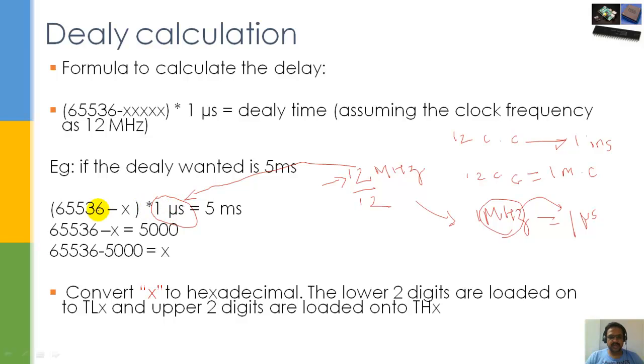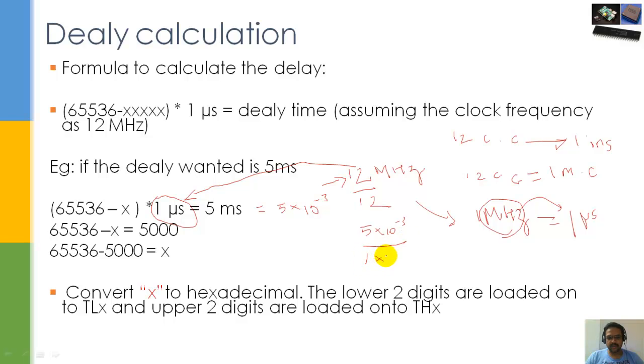Okay, so it's 1 microsecond. So (65536 minus X) into 1 microsecond is equal to 5 milliseconds. So that is nothing but 5 into 10 to the power of minus 3. When this multiplication goes to the other end, it becomes division, right? So it will be 5 into 10 to the power of minus 3 divided by 1 microsecond.